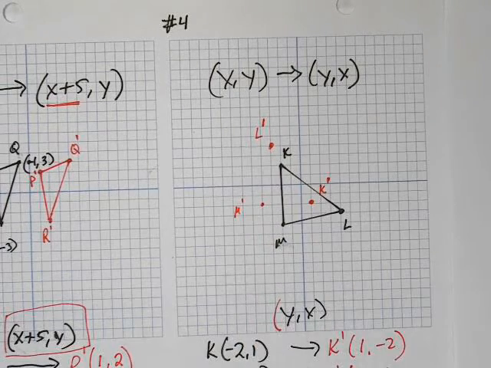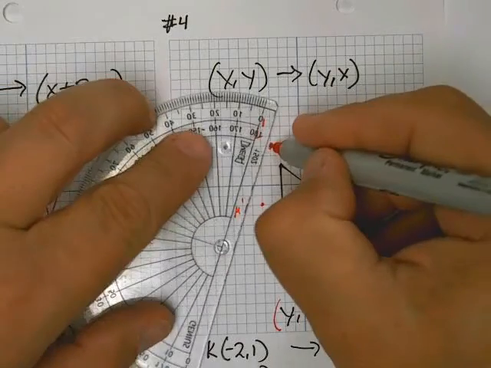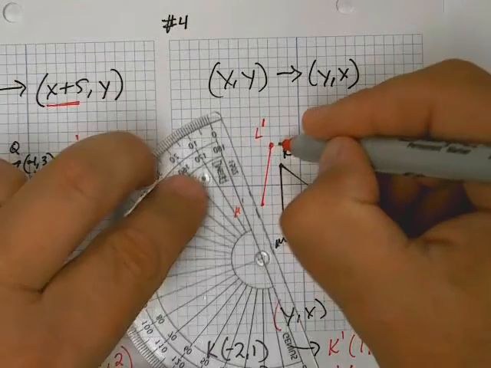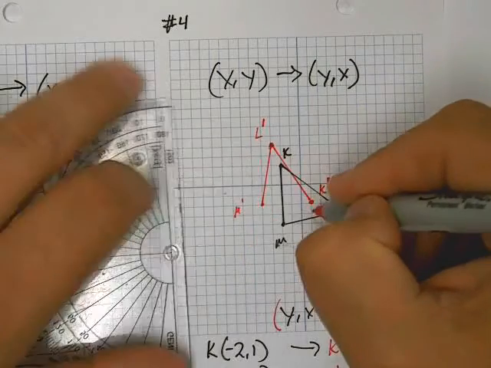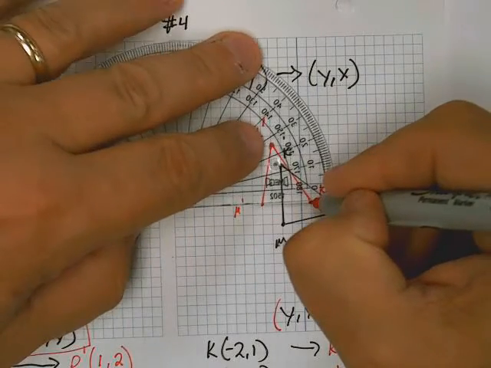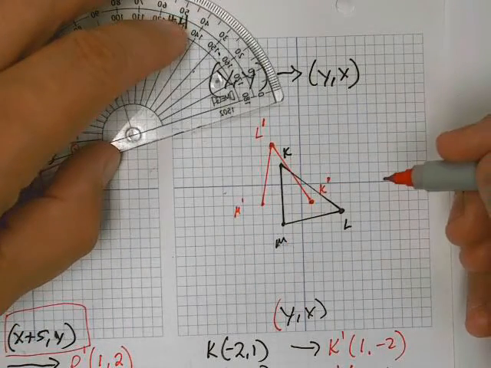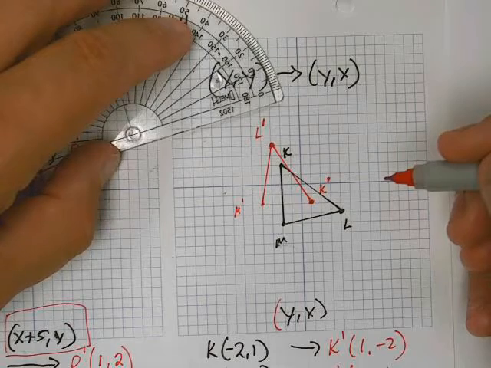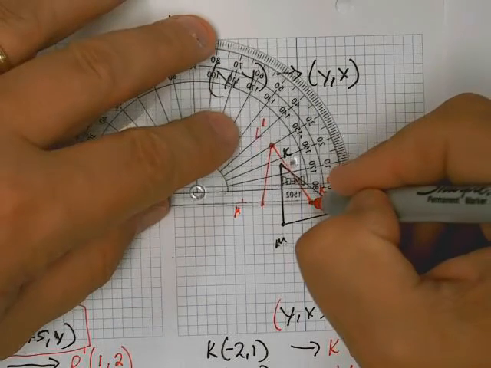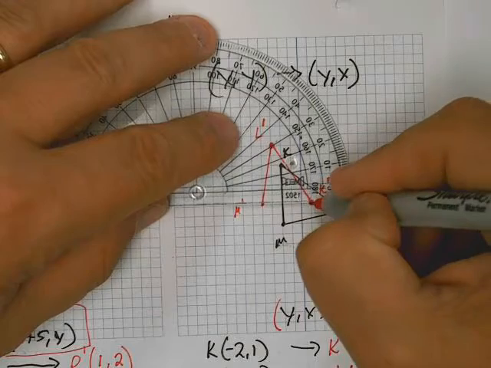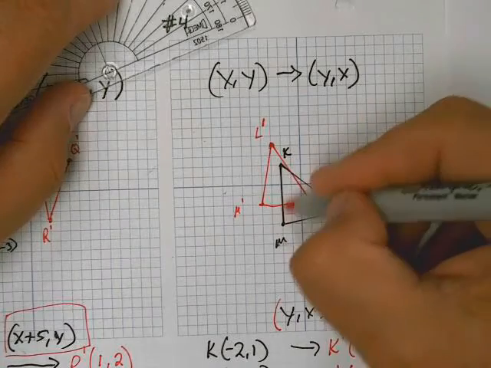There's M prime. Let's connect. Oh, that should be negative. Oh no, okay. Vertical here, horizontal.